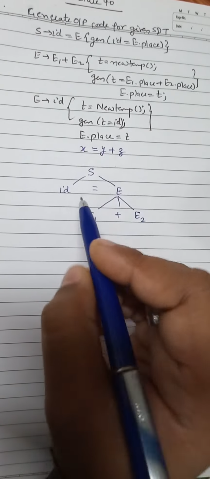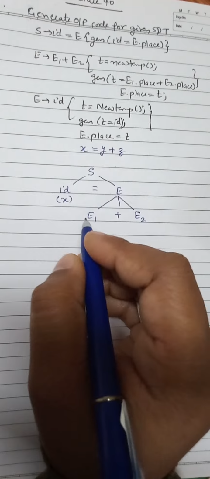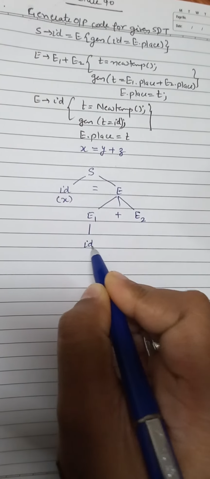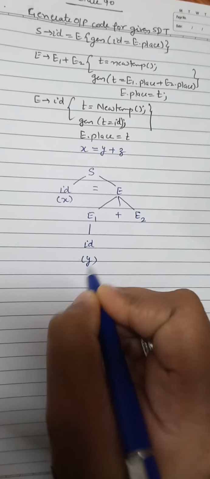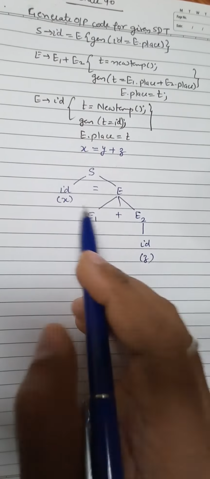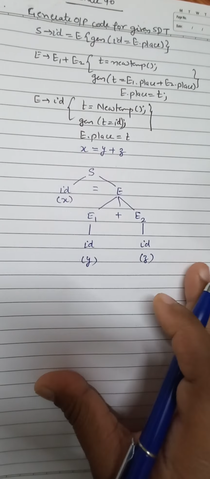So this will be x equal to, and E1 tends to ID, so that ID will be y, and E2 also tends to ID, that will be z. So x is equal to y plus z. Now we will make optimal code for this.